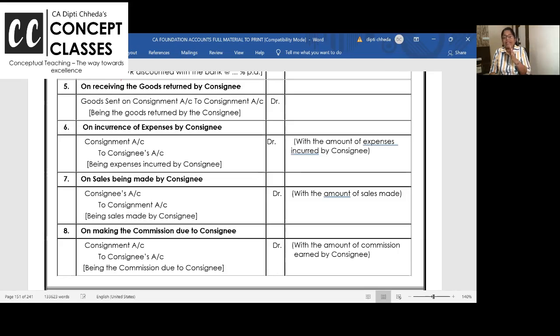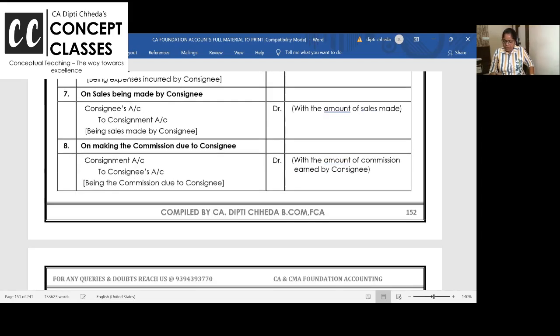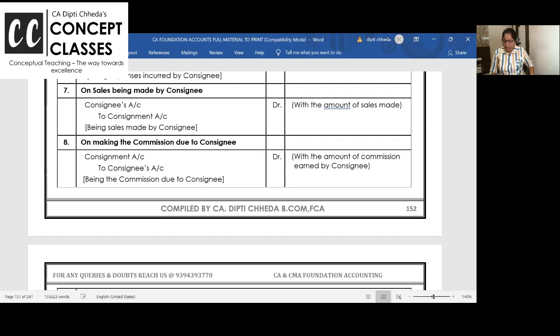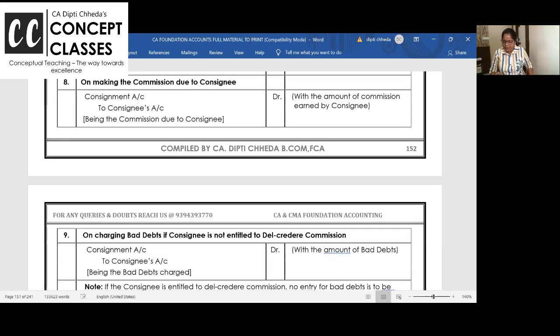Expenses incurred by the consignee: consignment account debit, consignee, we will reimburse you these expenses. Then sales made by the consignee: consignee account debit to consignment account. Commission: consignment account debit to consignee. I hope you are able to frame this in the format.